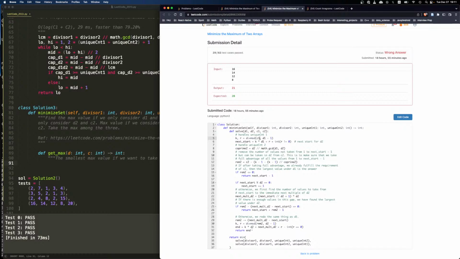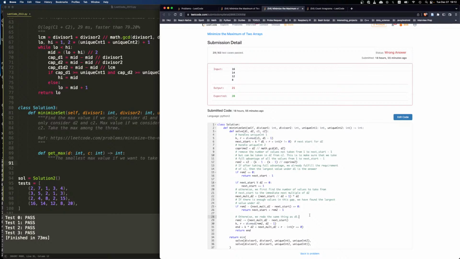Look, I have the formula here. But come on. What are we trying to do? We say we have the unique count, right? So we need to have that many. And we want to know how many are the ones that we cannot do, right?